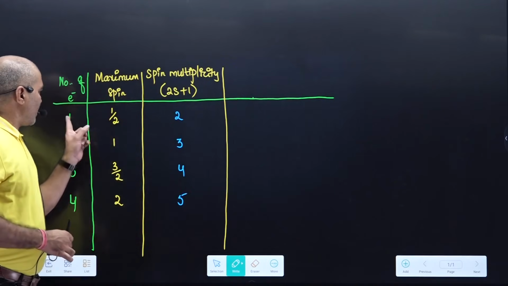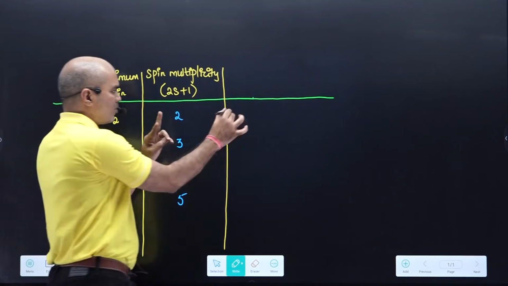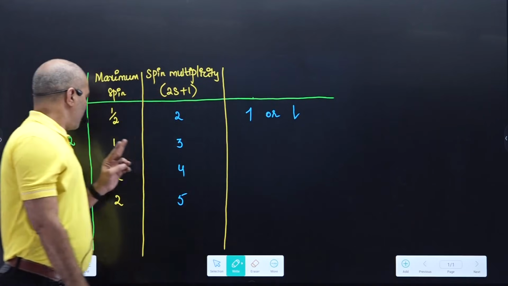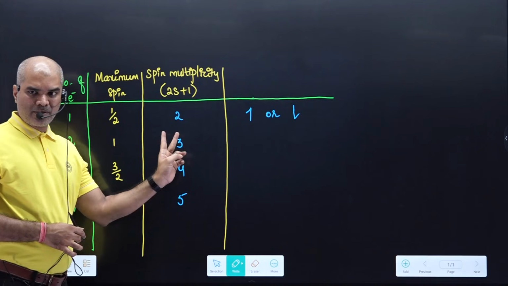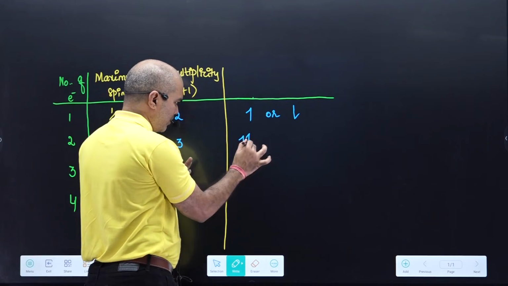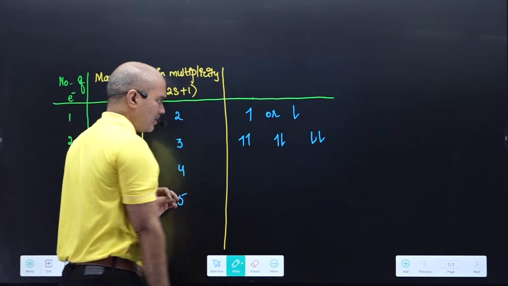It means if there is one electron, how many possible orientations? 2 orientations. What are they? Up or down. If there are 2 electrons, how many possible orientations for those 2 electrons? 3 possible orientations. What are they? Both up, and down, down and down.